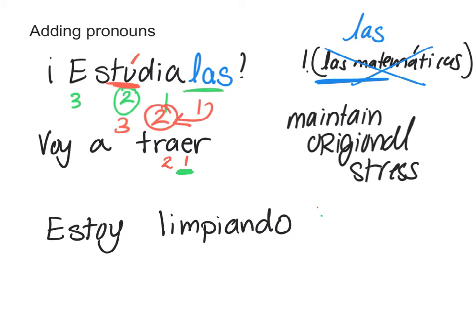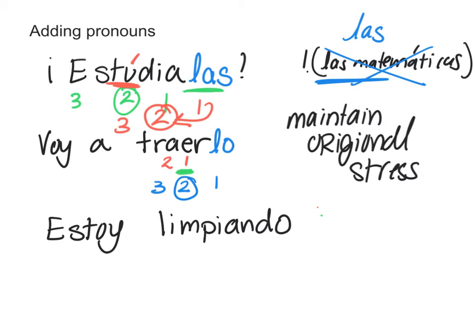If we want to say I'm going to bring it, then I would add a lo on at the end. But now we have to renumber. 1, 2, 3. Now it ends in a vowel, and our stress now should be on the second to last vowel.